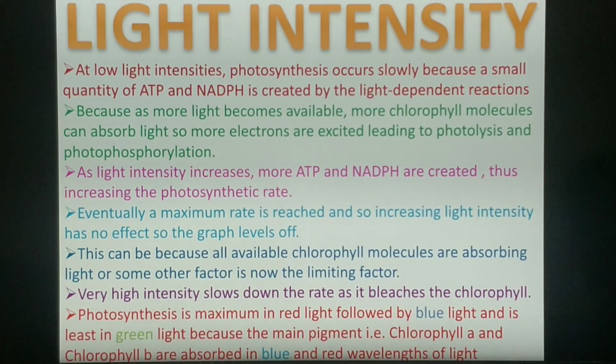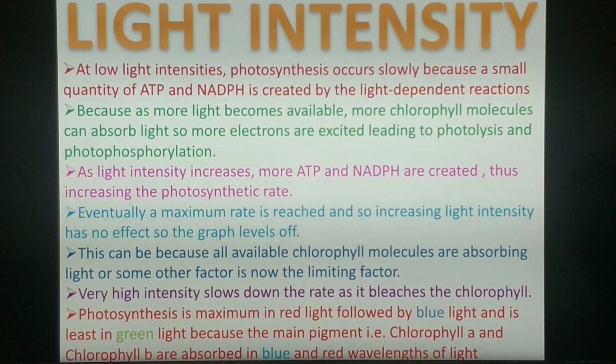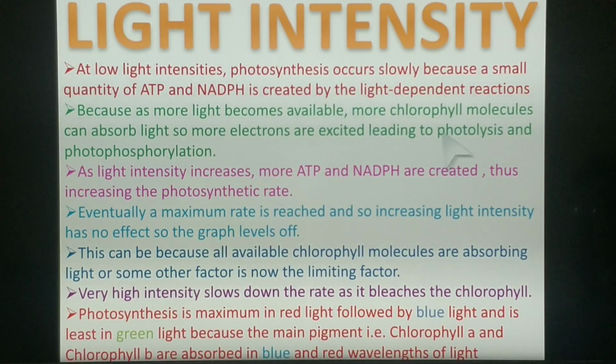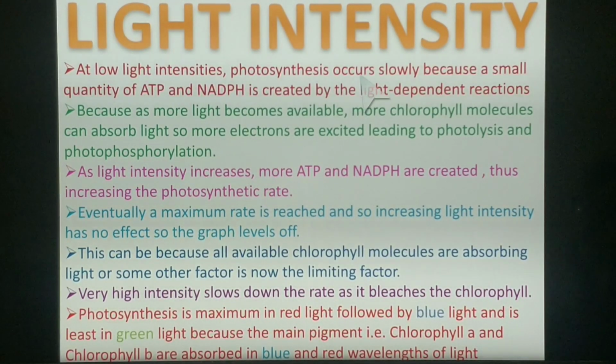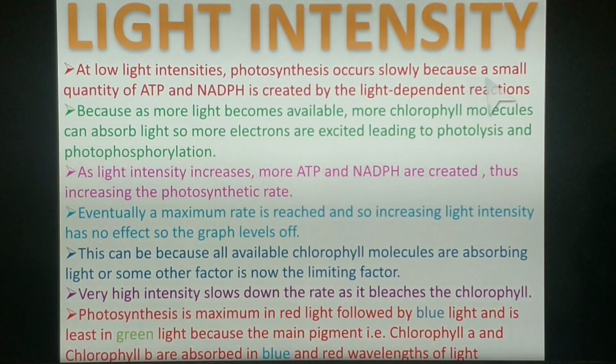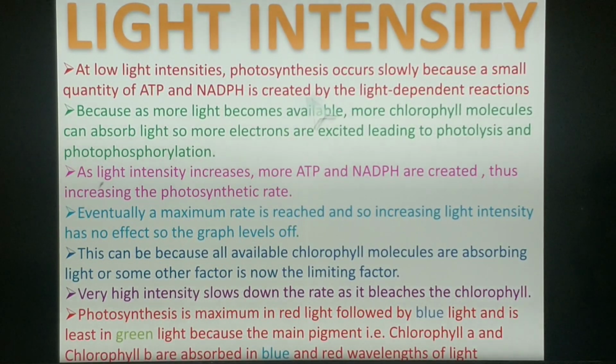Light is very essential factor, and we know photosynthesis is light dependent reaction. So we'll say that at low light intensities, photosynthesis occurs slowly because a small quantity of ATP and NADPH is created by the light dependent reactions.